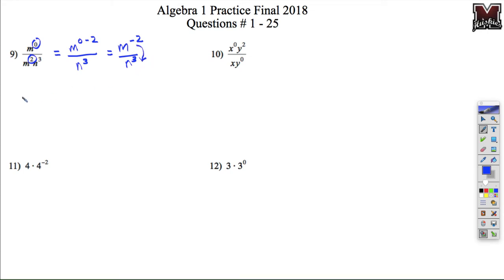There's nothing on the top, so I leave it as a 1. Don't leave it blank, it should be a 1 because what you're really doing is dividing by m to the -2. It's not important, but leave a 1 if there's nothing up there. And it's all going to be divided by our original n cubed that we didn't touch, and this m to the power of -2 comes to the bottom as m to the power of +2 now because it flipped and became positive.